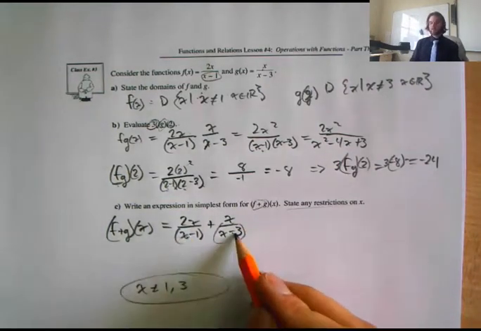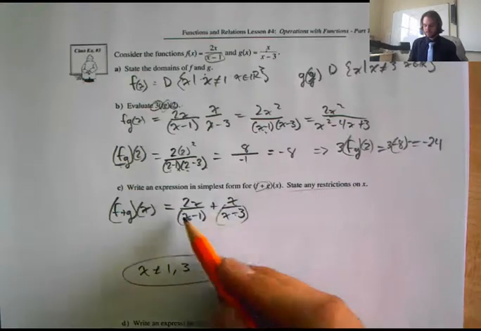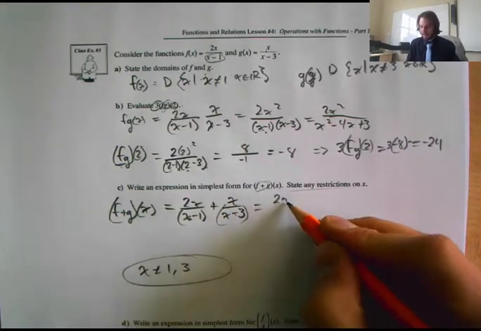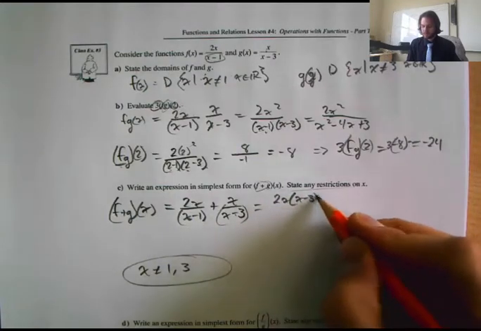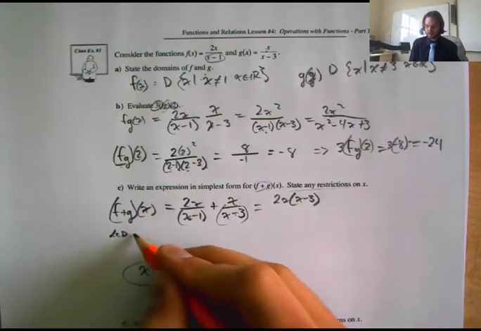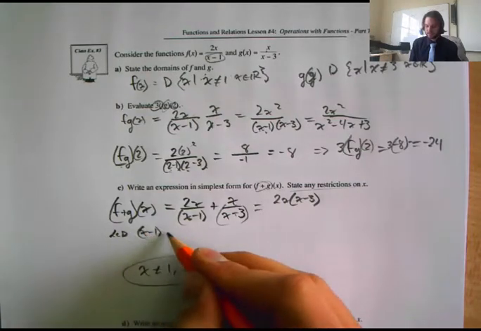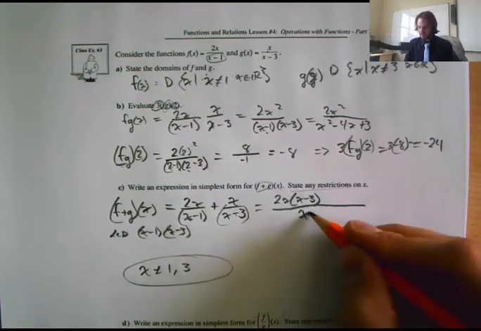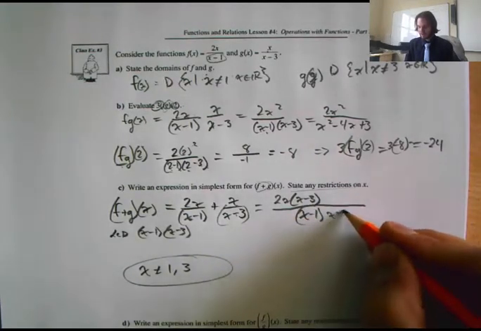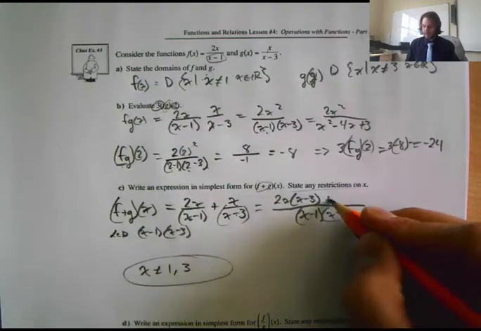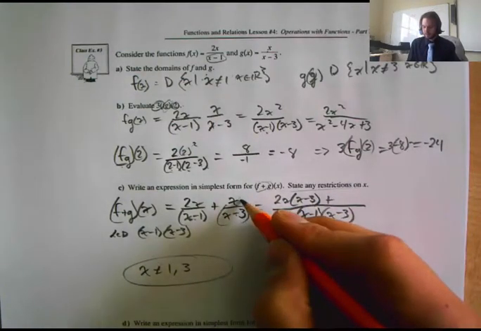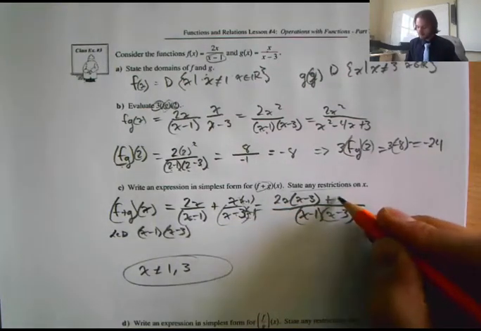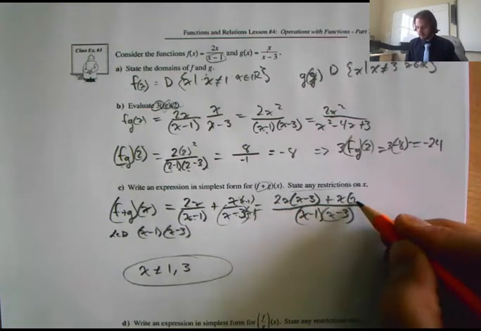Now we also need common denominators, right? In order to add these, I need a common denominator. So I'm going to get 2x multiplied by x subtract 3, because my lowest common denominator is x minus 1, x subtract 3, all over x minus 1, x subtract 3. And then we have to add x multiplied by x subtract 1.